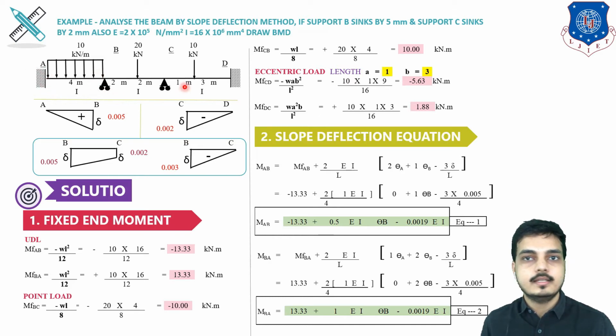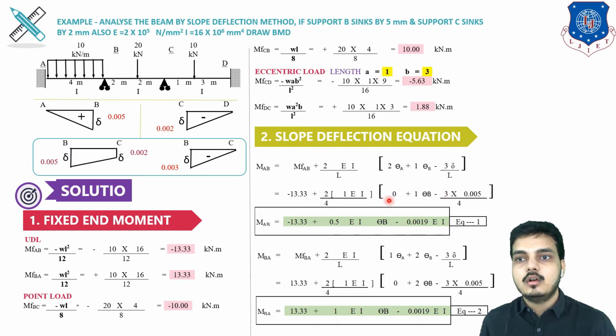Our unknowns are only B and C. So in place of theta A I will keep 0 plus 1 theta B because it's my unknown, minus 3 delta upon L. Till date we were keeping delta as 0, but now we have to keep delta its own value. For the AB span, delta was 0.005, which is positive. So keep 3 into 0.005 as a positive value, divided by 4.